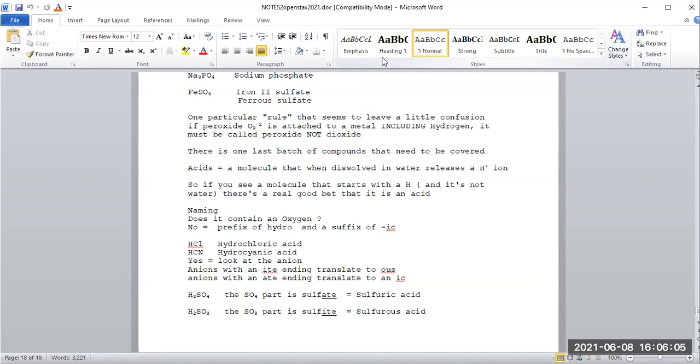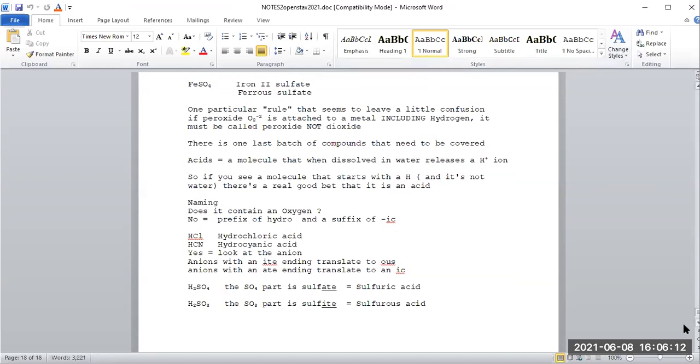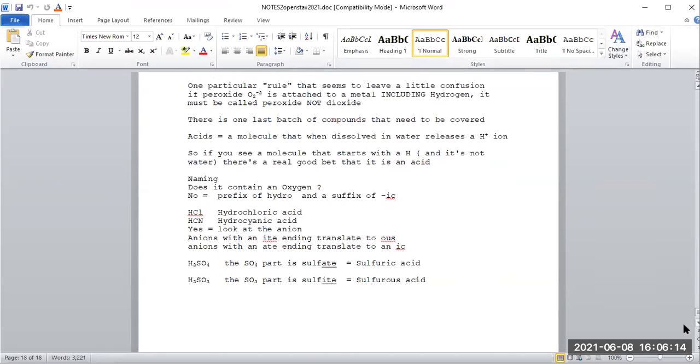The other thing that is true about the acids that do have oxygens is that you have to pay attention to what anion was part of the molecule.